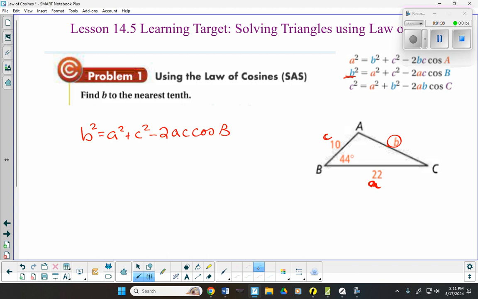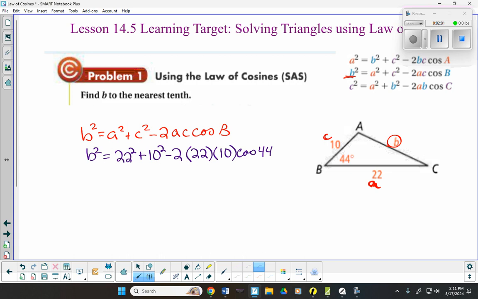B squared, we're looking for that. A squared is 22 squared, C squared would be 10 squared, minus 2 times A, which is 22, times C, which is 10, times the cosine of angle B, which is 44.